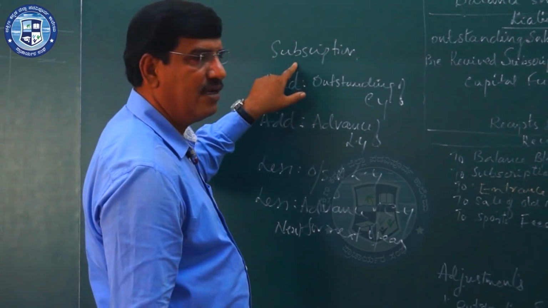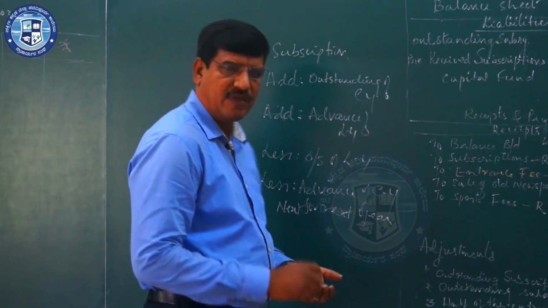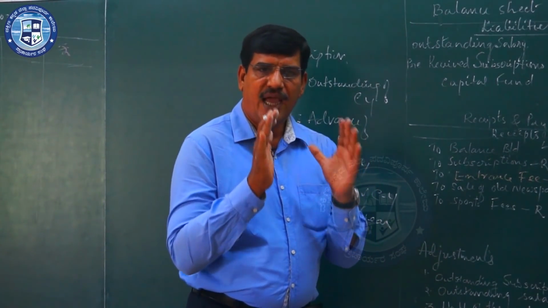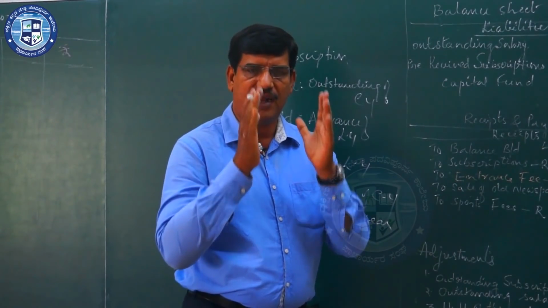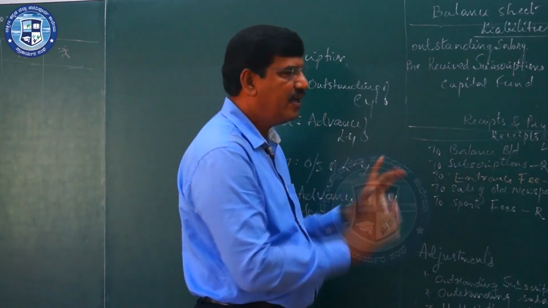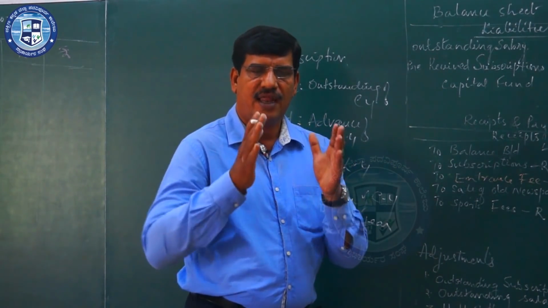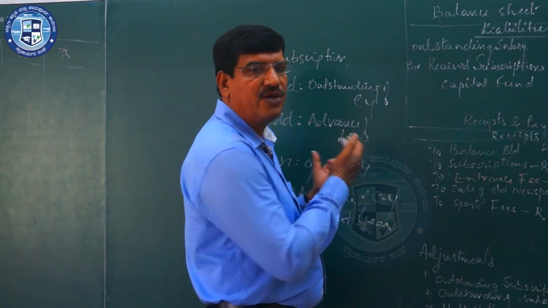While considering an item to be added or deducted, we must think of a logic: any item, any expense or any receipt, if it relates to the current year, then only we have to consider it in the income and expenditure account. Outstanding of current year is the unpaid amount of the current year, so it has to be taken into account.